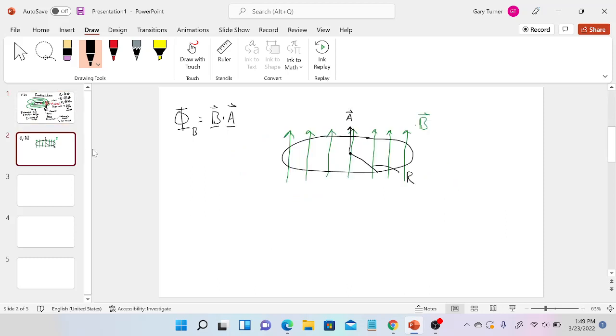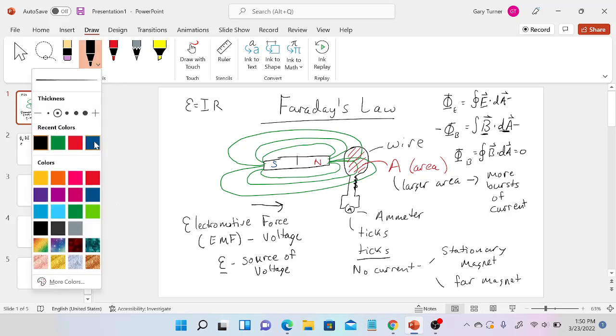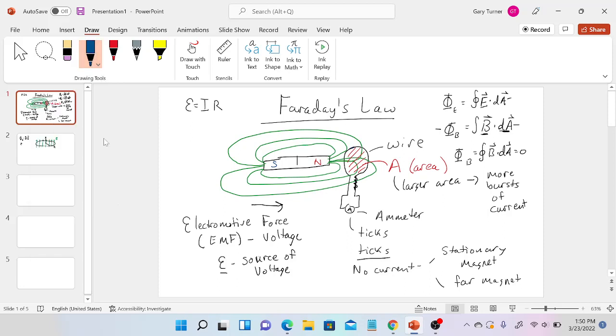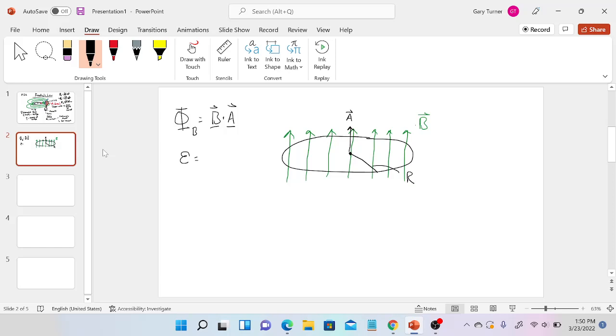So what Faraday concluded is that the voltage induced in the coil that then allows the ammeter to make a measurement, that EMF that's induced is going to be proportional, let me draw the proportional sign, to the change in the flux with respect to time.